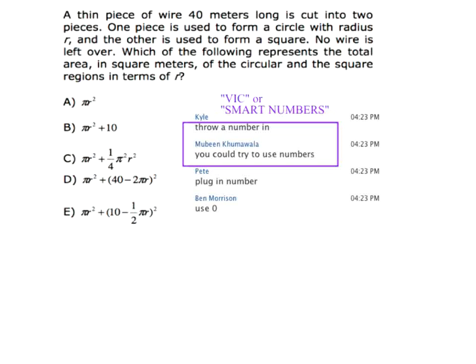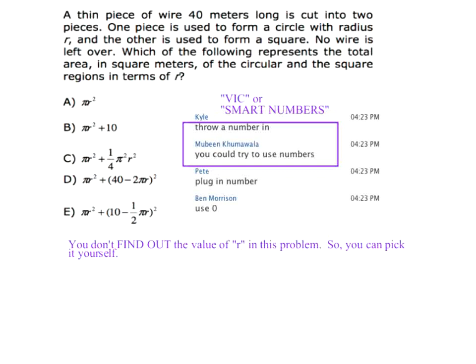The idea is that we don't ever find out what R is in this problem. You don't find out the value of R, so you can just pick it yourself.